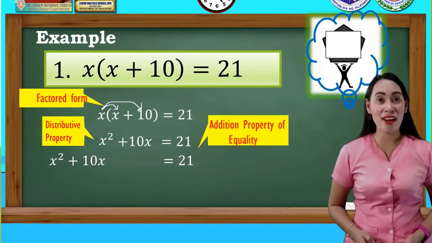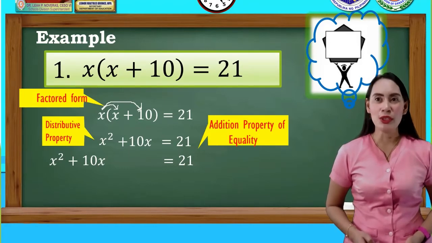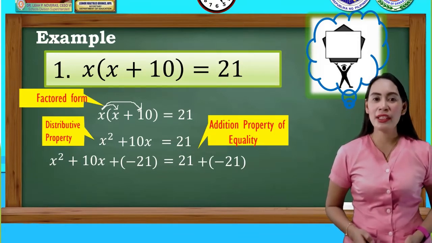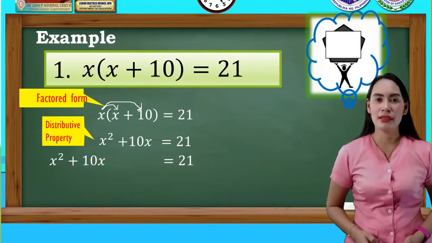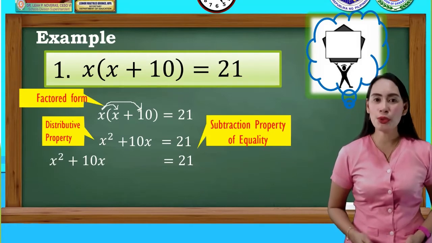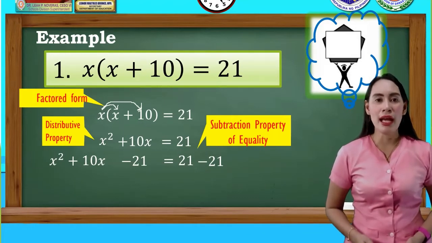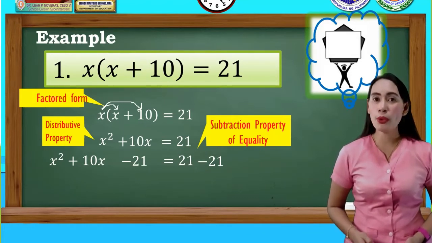Next, to make the right side of the equation equal to 0, we can use the addition property of equality. So we will add both sides of the equation by negative 21. Or we can also use the subtraction property of equality by subtracting 21 from both sides of the equation.